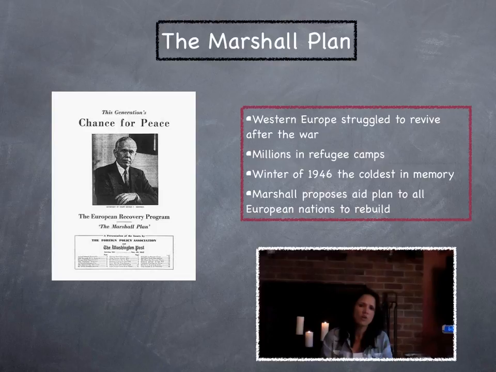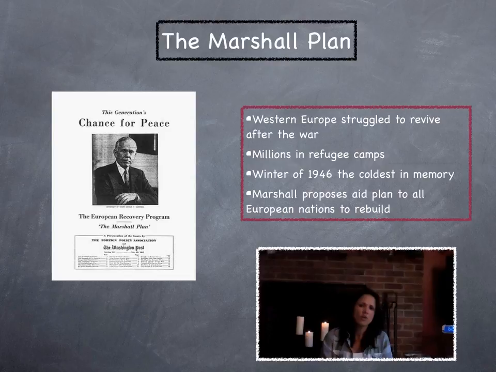And in addition, there were people who were really afraid of angering the Soviets. They did not want to put the United States in a position where we were antagonizing the Soviet Union. However, there was an even stronger fear of the growing influence of communism.